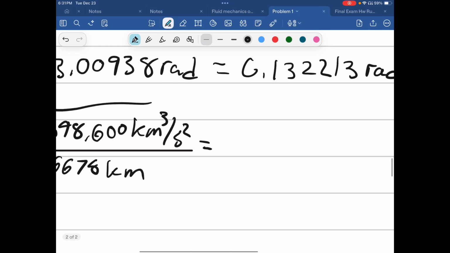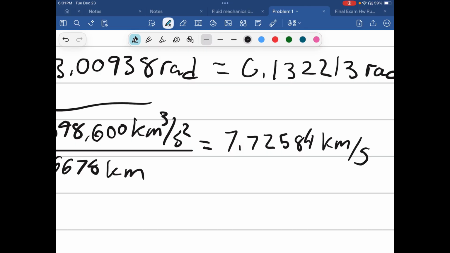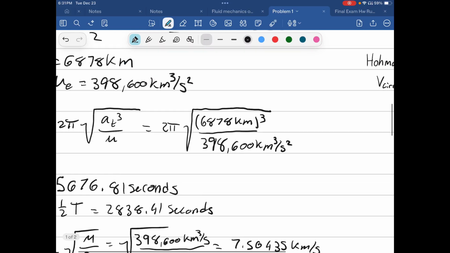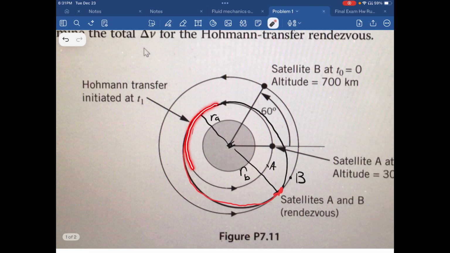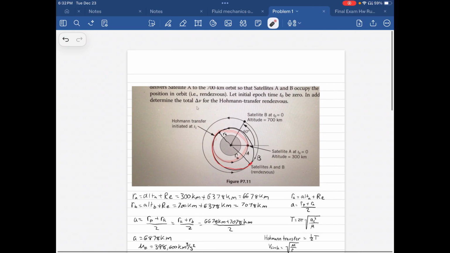And that should give us a velocity of 7.72584 kilometers per second, which should make sense, right? Our velocity of this inner orbit is greater than the velocity of our outer orbit because this satellite is closer, so it has less potential energy, so it needs more kinetic energy.